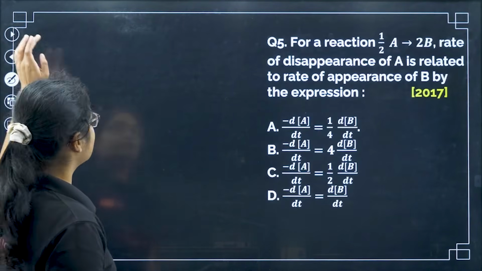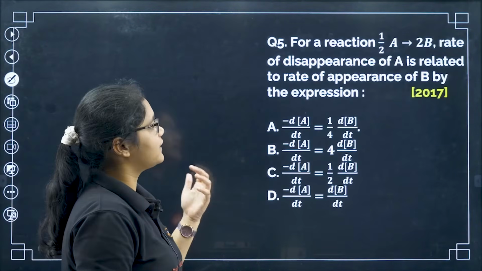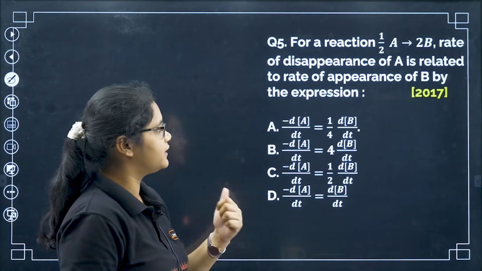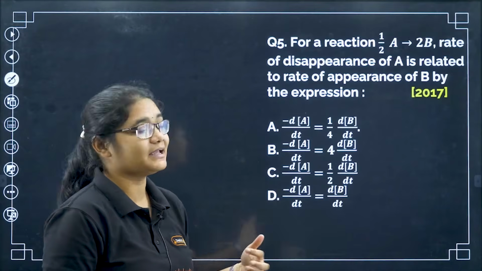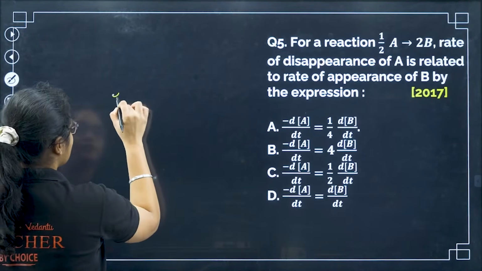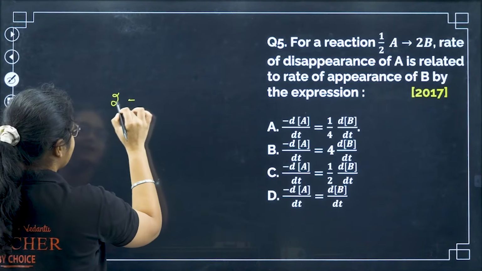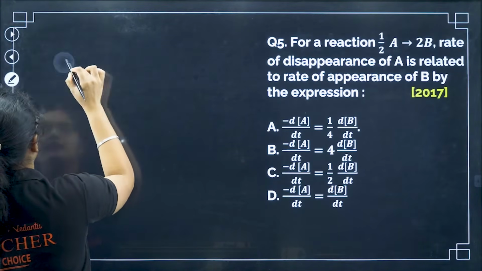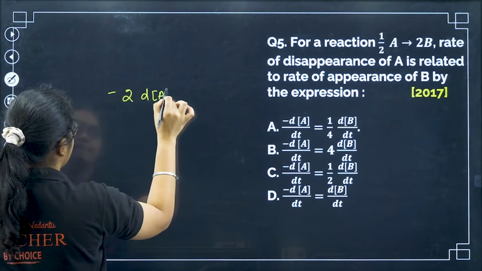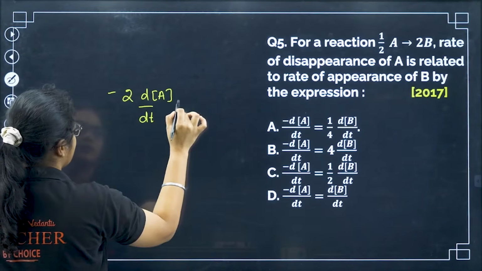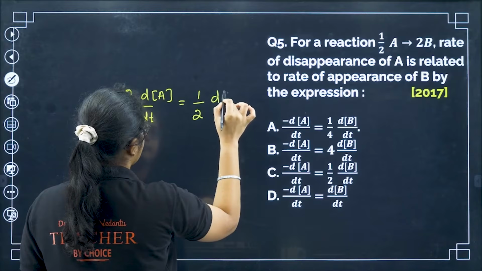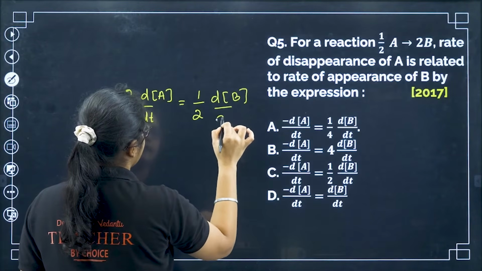Okay. Moving to next question number 5. For the reaction half A gives 2B, the rate of disappearance of A is related to the rate of appearance of B by the expression. So what is the relation here? So I have here minus 2 times of dA by dt is equal to 1 by 2 of dB by dt.